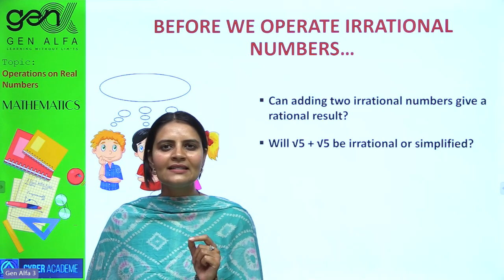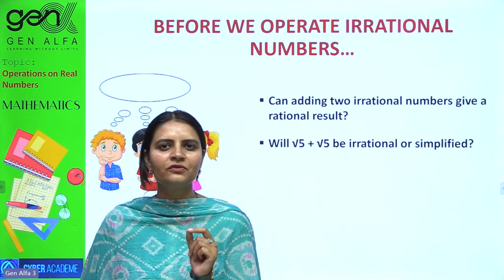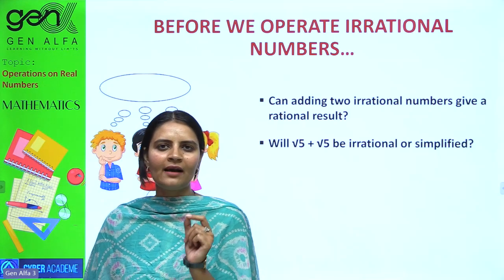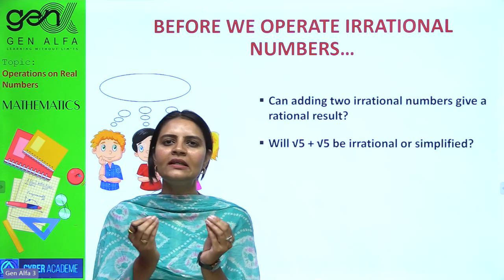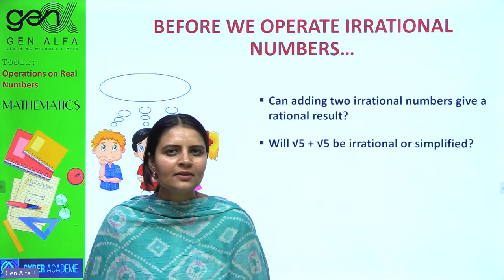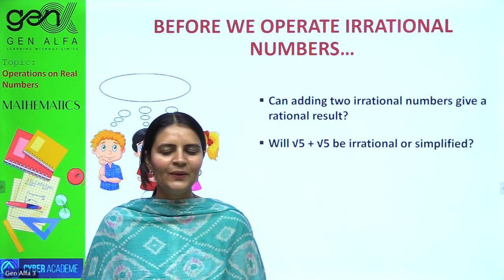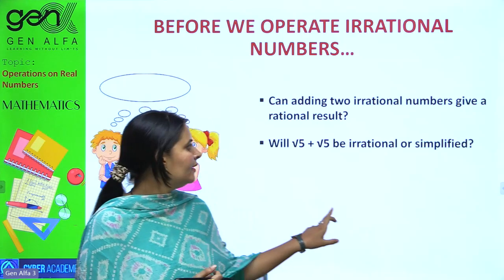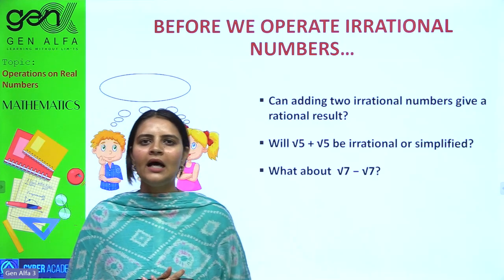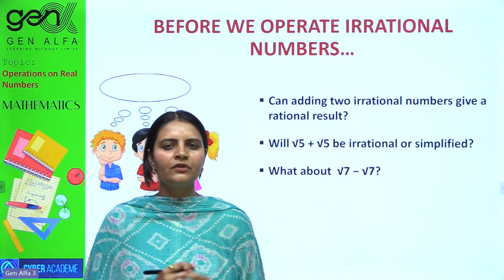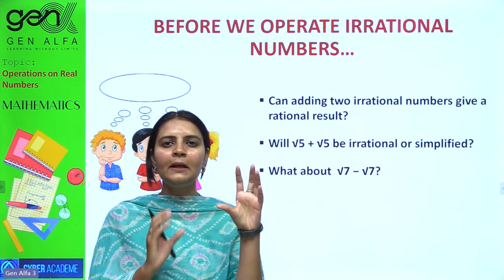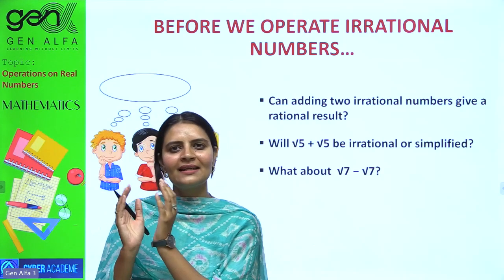Here is the case. Root 5 plus root 5 will always be irrational. Irrational added to irrational mostly gives you irrational. But always? No, ma'am, not always. Here, see this example. Root 7 minus root 7. Let's suppose we are adding them with opposite signs, root 7 plus minus root 7.